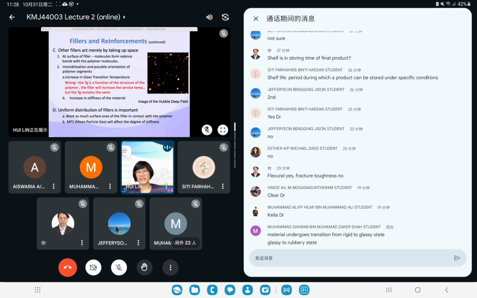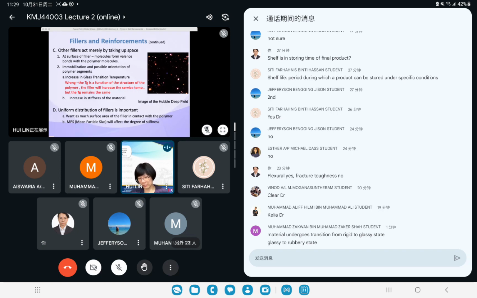Where the transition is the temperature, right? Glass transition temperature is a temperature where the polymer changes. So we only can find glass transition in what type of material? In polymer, right?